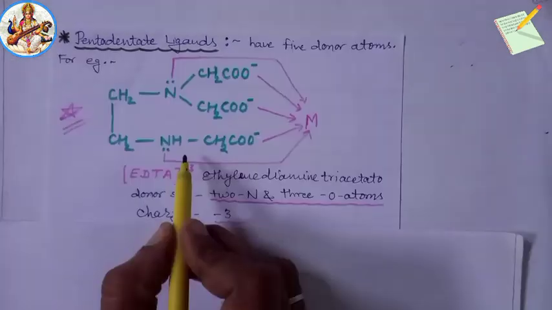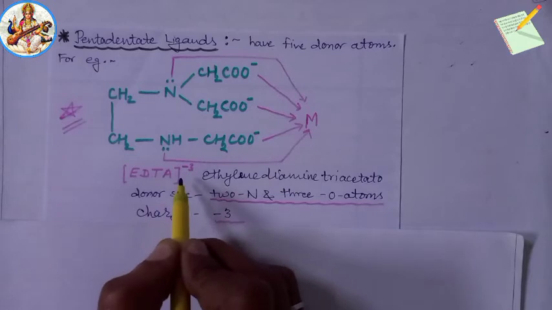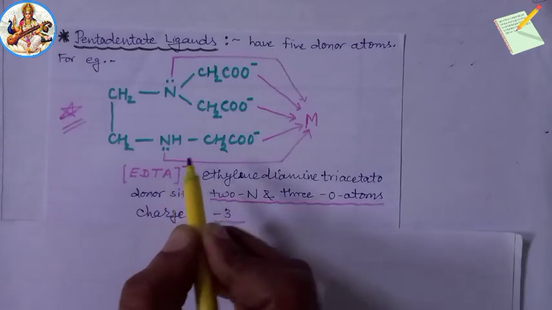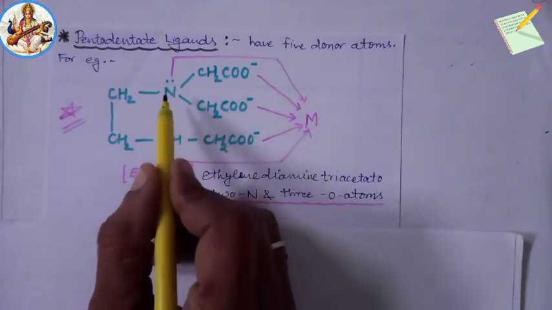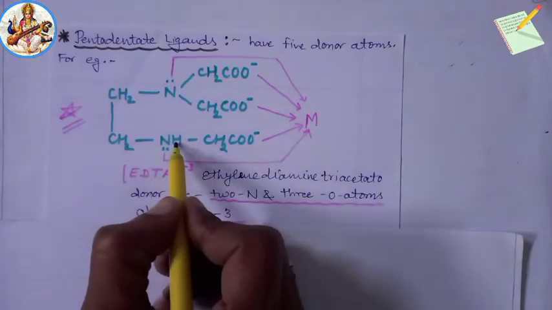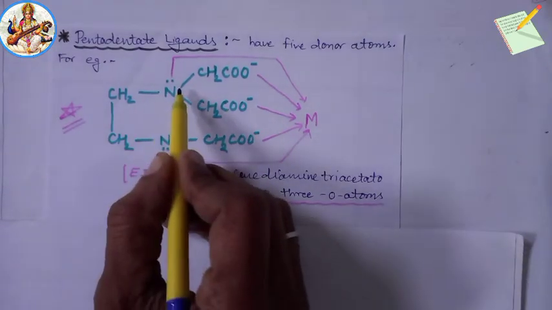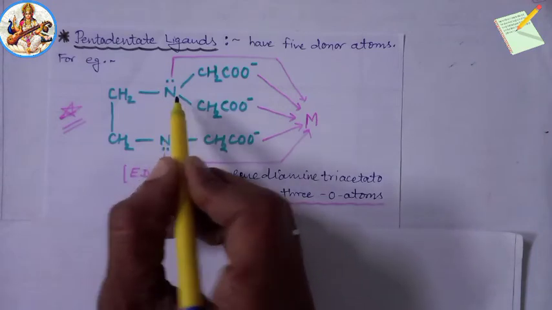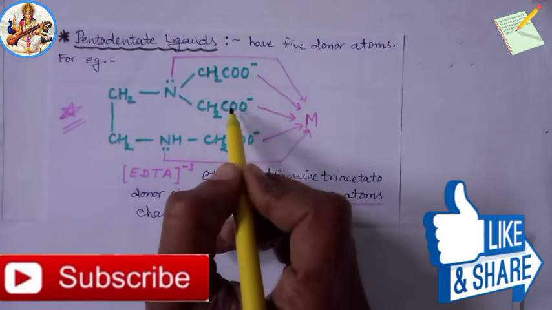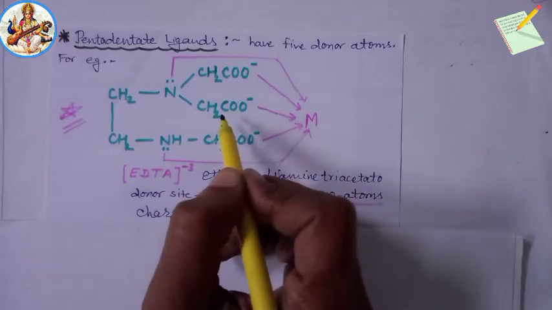Ligands which have 5 donor atoms are called pentadentate ligands. For example, a very important example, EDTA 3-. Molecular formula is of en, NH2 CH2 CH2 NH2, and in en 2 hydrogen atoms are replaced from one nitrogen by 2 acetato CH2COO minus ions.